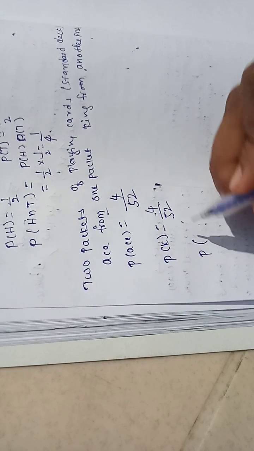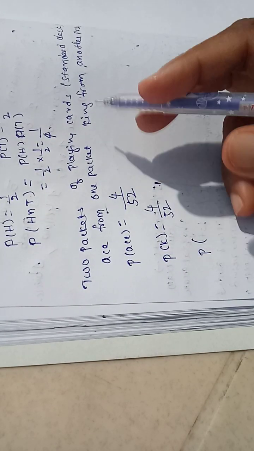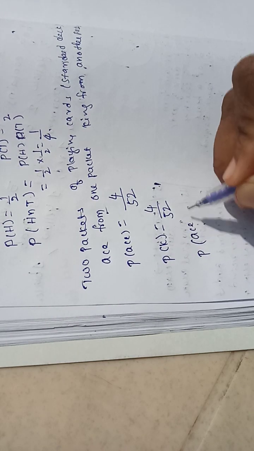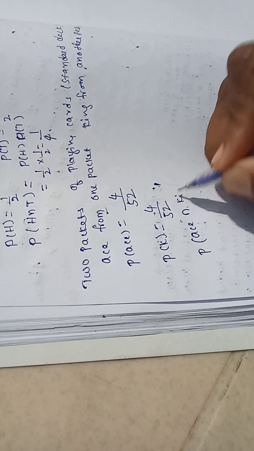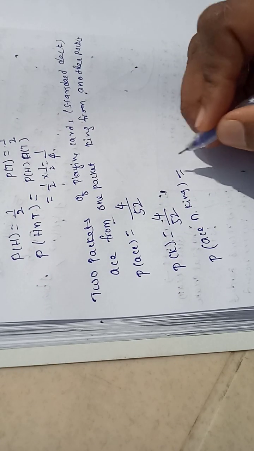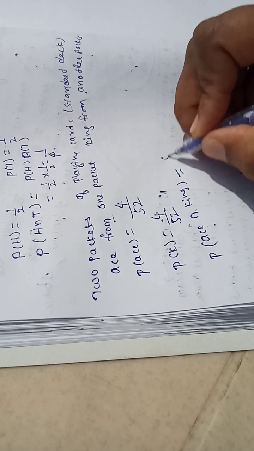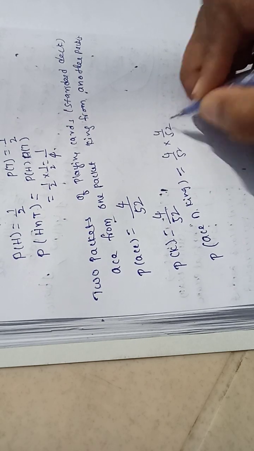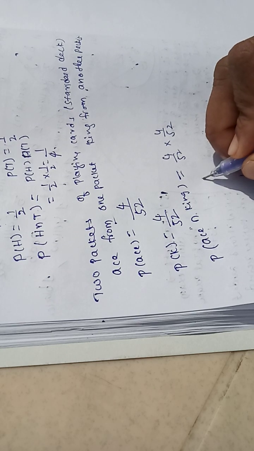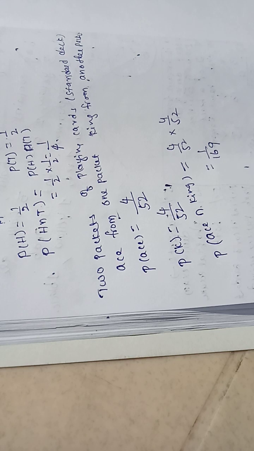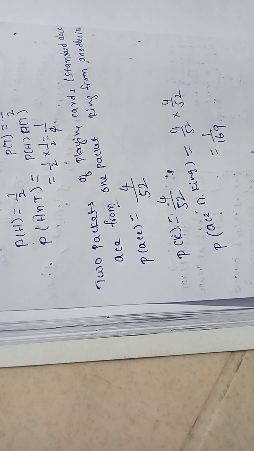Now here 2 events are occurring: from one packet we are taking an ace, from the other packet we are taking a king. So what will we write? 4 by 52 into 4 by 52. If we solve, we will get 1 by 169. So these are independent events.